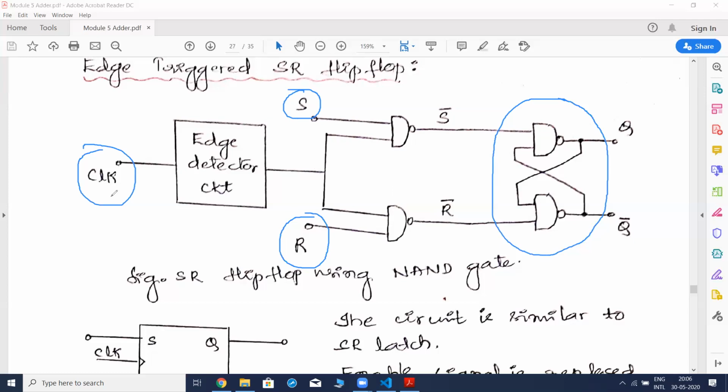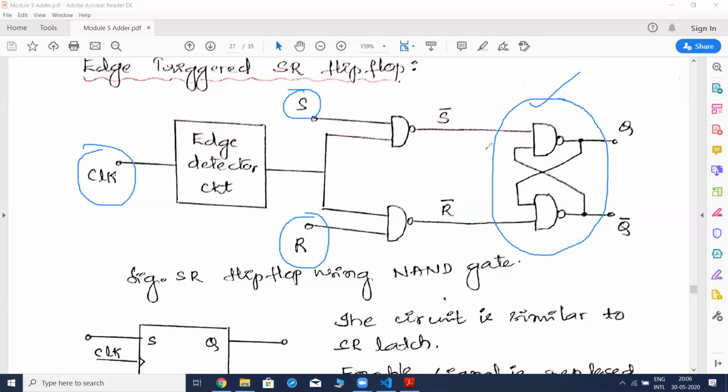You will have an enable input only if it is a gated latch. Otherwise, here we have just a latch. This is a latch that is being shown over here, which is the S bar R bar latch. You can see that there is no clock signal connected over here.